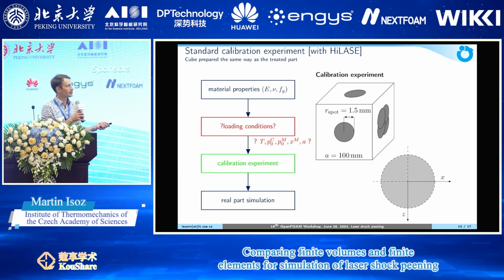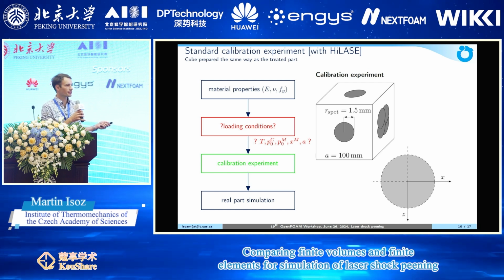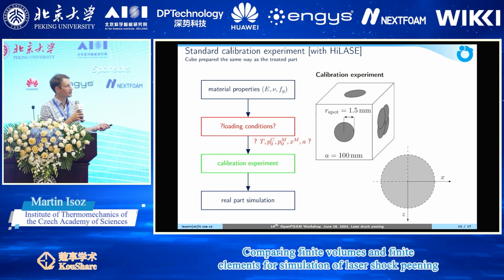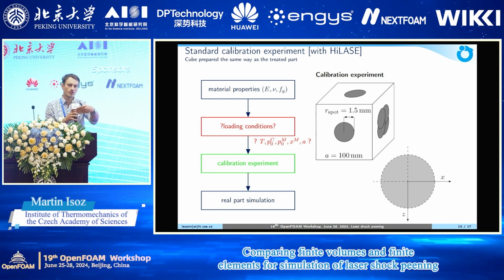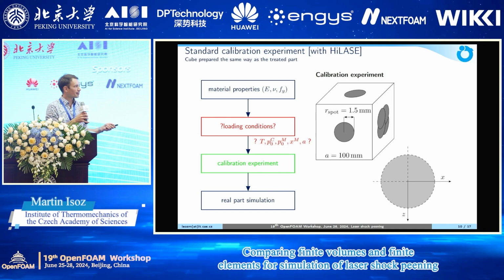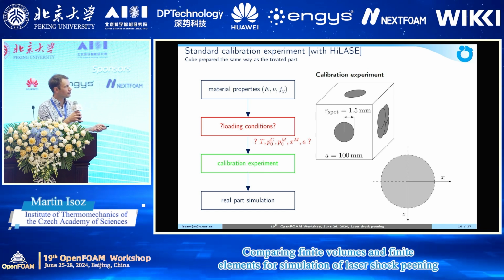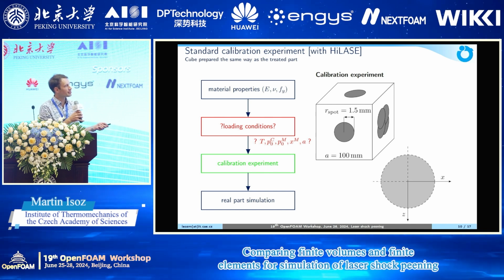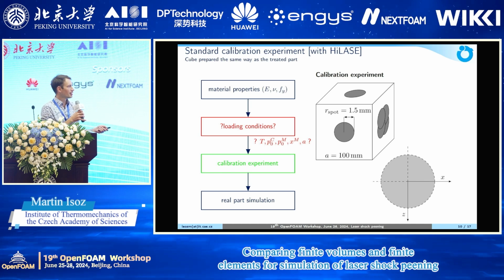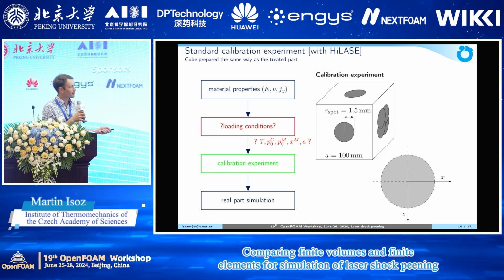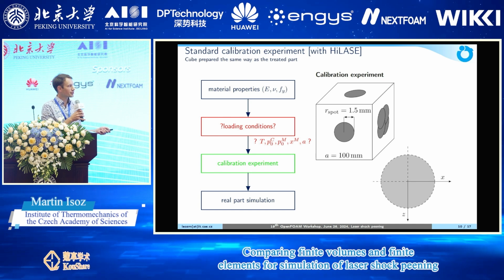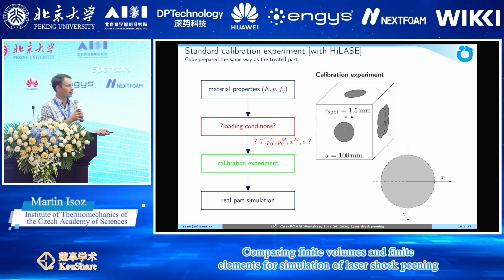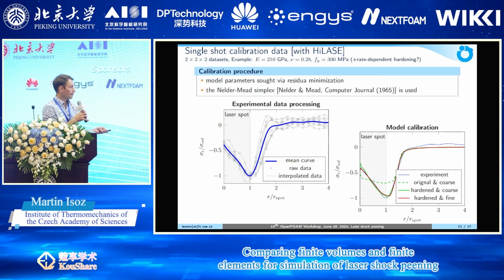These are circular spots, simulated as axisymmetric. But then there is a case close to the application where the individual laser shots are overlaid. So we use this one as calibration, this one as validation, and we need to calibrate our loading conditions, so our pressure spatial and temporal distribution, and plasticity if required.